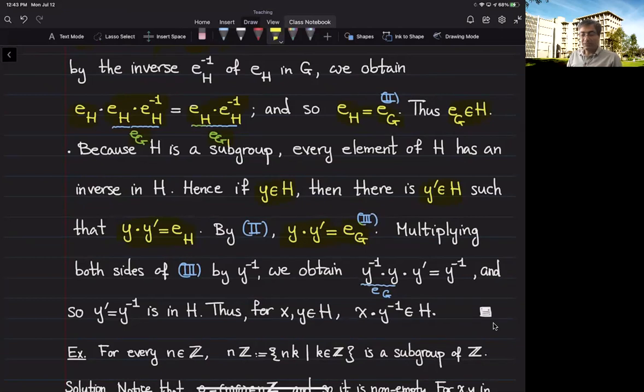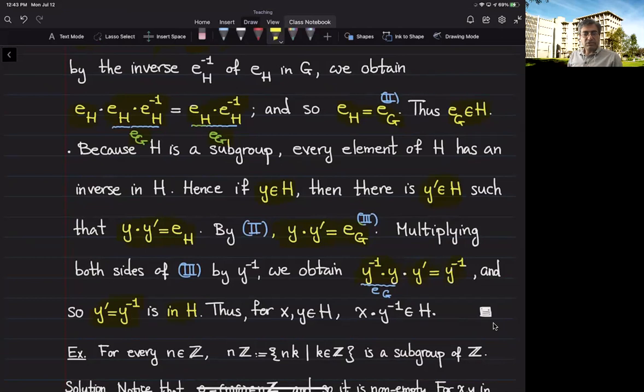I can simply multiply both sides of this by the inverse of y and deduce that, okay, the inverse of y cancels out, I get the neutral element, therefore y prime is the inverse of y. So we deduce that the inverse of y is inside H. Remember, y prime is inside H. So the inverse of every element of H is still inside H.